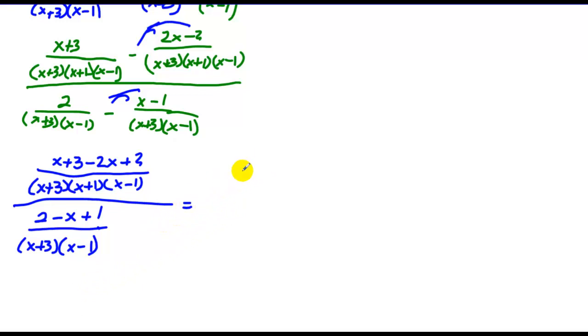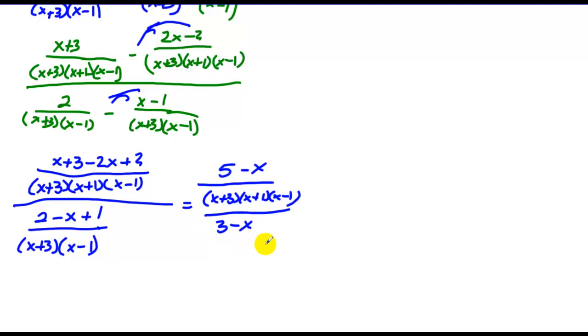Combining like terms, you'll see I have a 5 minus x over x plus 3, x plus 1, x minus 1, and a 3 minus x over x plus 3, x minus 1.